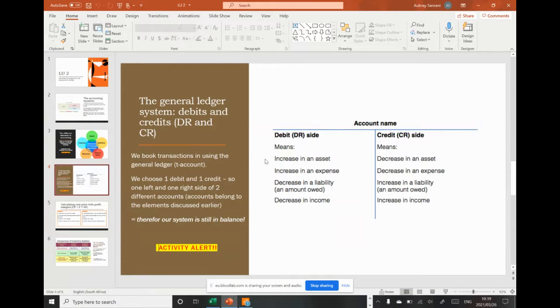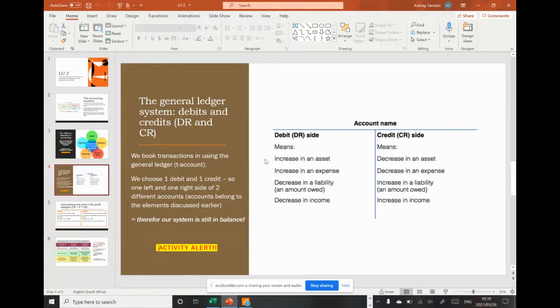When they decrease, we credit them, or when we want to reverse them, for example. All right, when a liability decreases, we debit it. When it increases, we credit it.